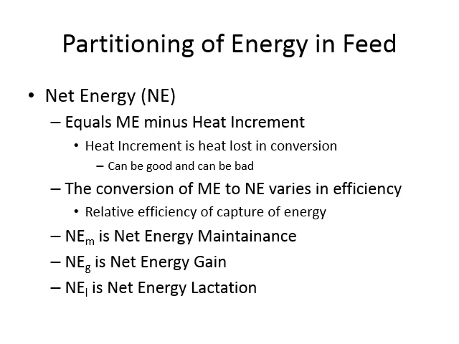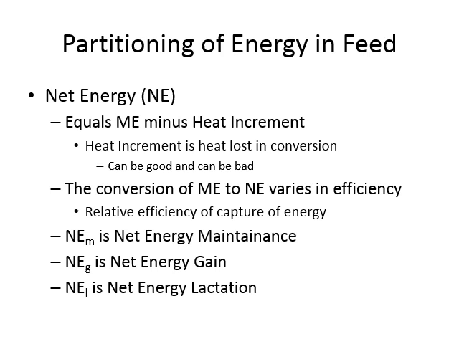If it's hot outside, maybe that's more heat that we've got to get rid of, and that's not as useful. So heat increment, the loss of heat associated with the conversion of ME to NE, can be good or bad. The conversion of ME to NE varies in efficiency, the relative capture of that energy.